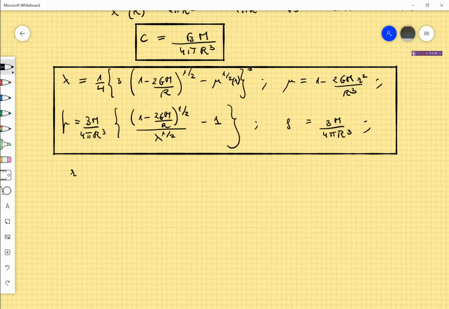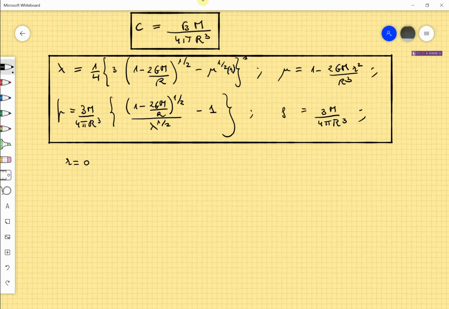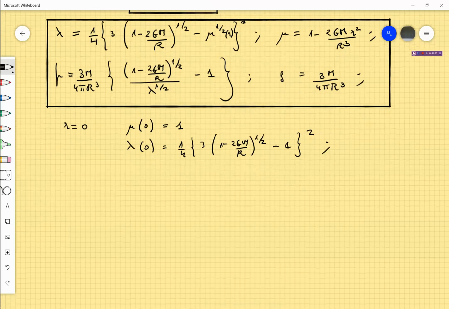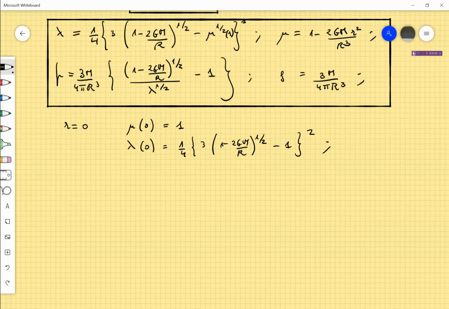So the origin here is r equal to 0. And well, mu of 0, you can check that it is just, it's easy to see that it is 1. Lambda of 0 is 1/4, (1 minus 2GM divided by R)^(1/2) minus 1, and this square is also a finite number.